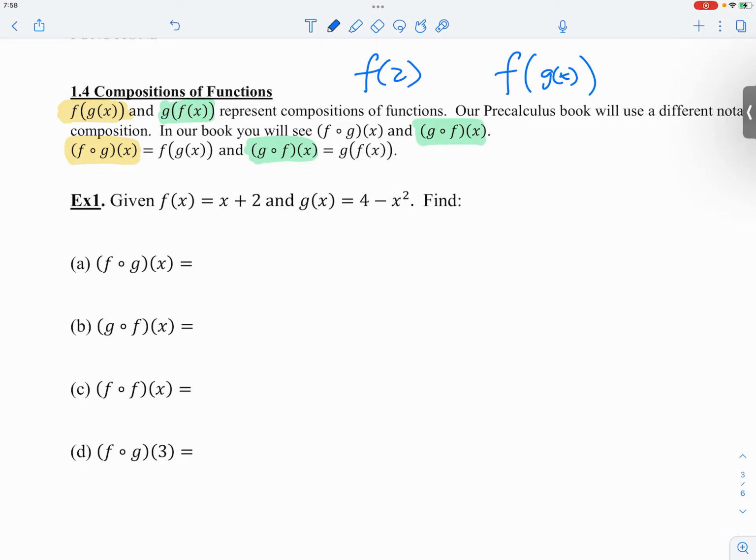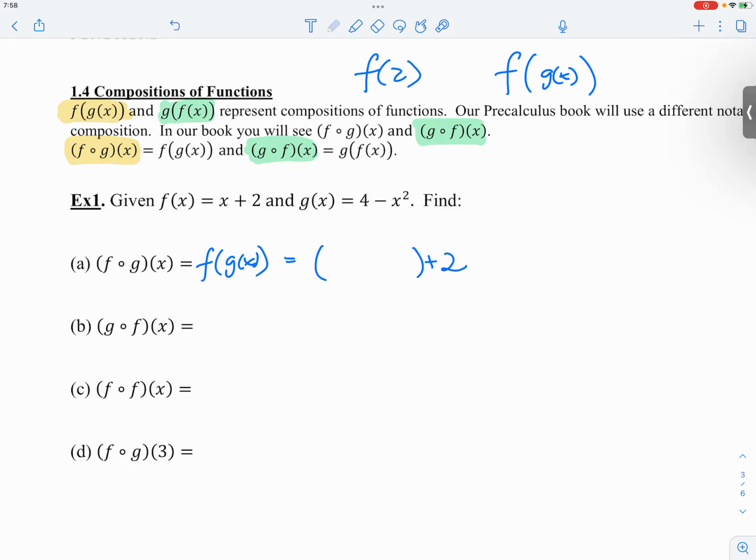For example, this is f of g of x. So what's on the outside, what's on the inside? Well, the inside function will be your g. The outside function will be your f. So I'm going to use f, and set a pair of parentheses in place of the original x location.